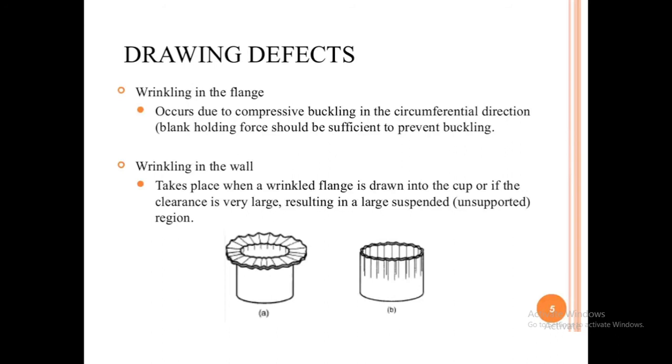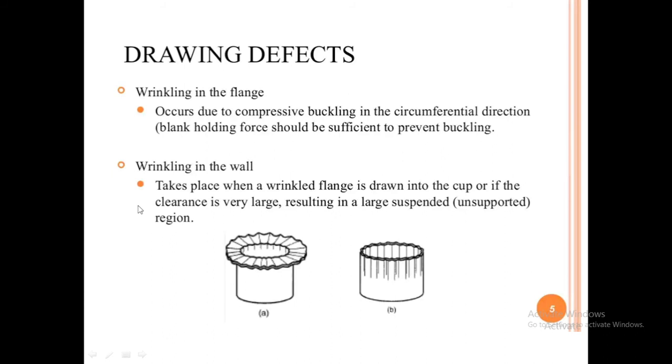And sometimes the wrinkles which are produced on this flange surface also get developed on the wall of the cup. So this is the cause: due to this insufficient holder pressure, wrinkles are developed on a flange, or sometimes they may be produced on the surface of the wall.